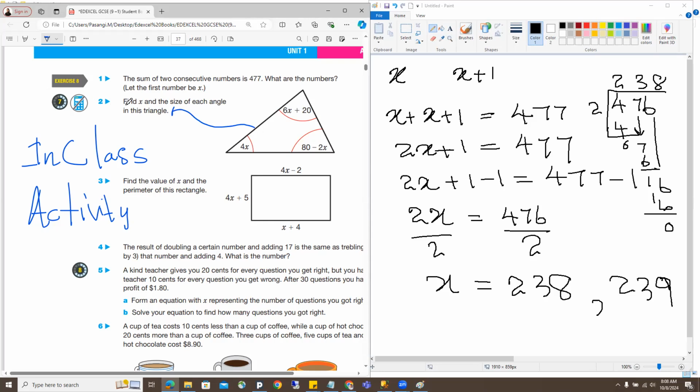The second question refers to the triangle. Okay, the first question is this one, there are no triangles. In the second question we have a triangle. Now do the first and the second one.